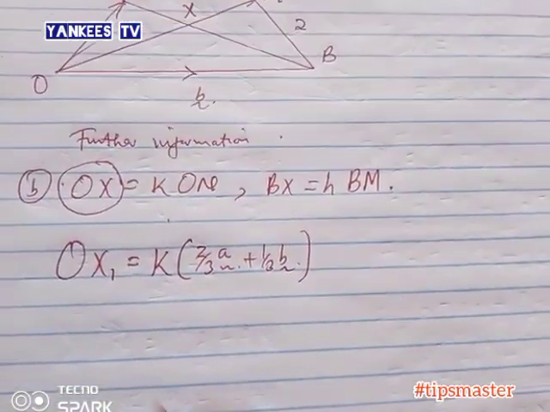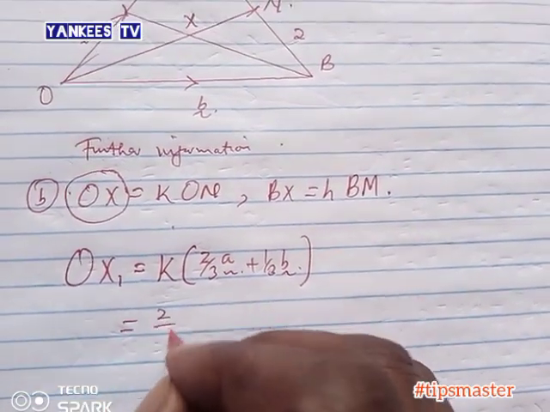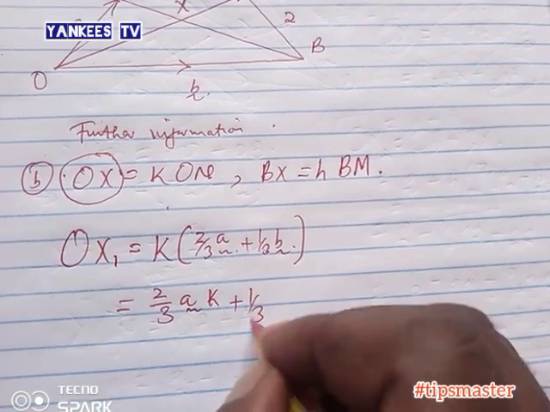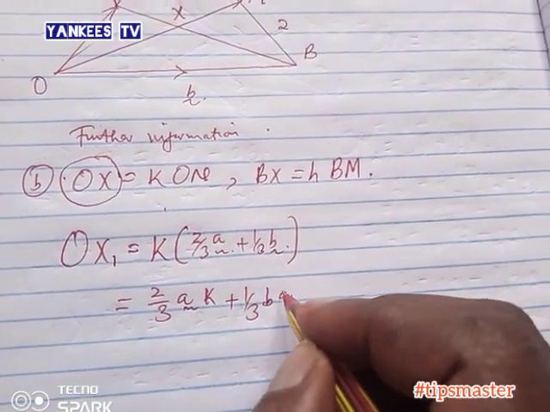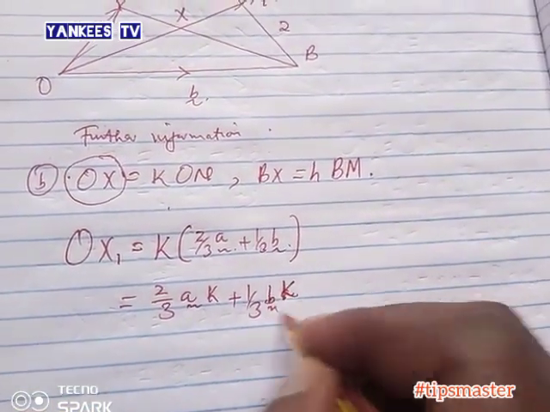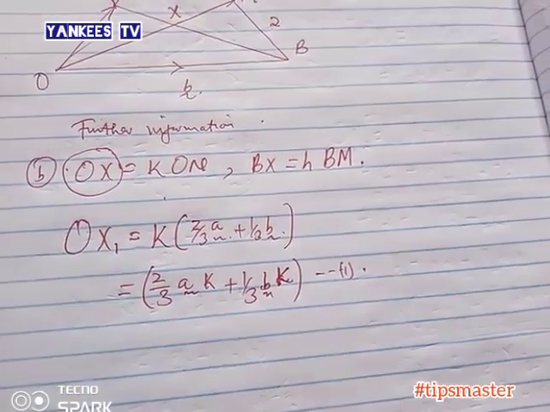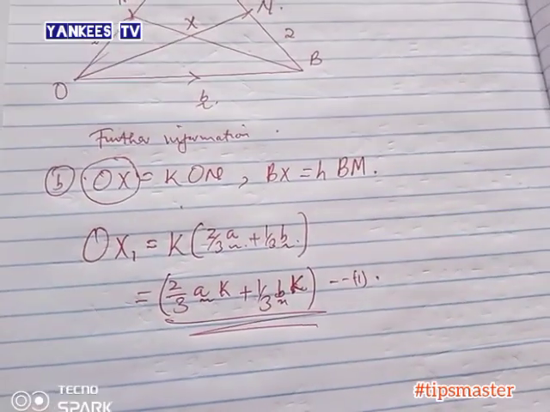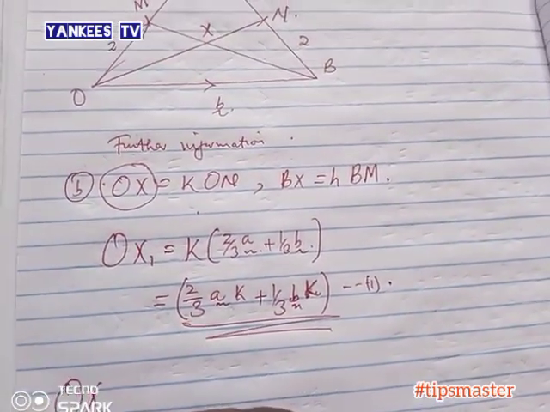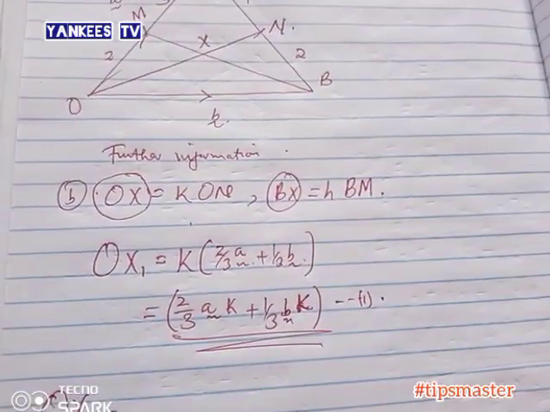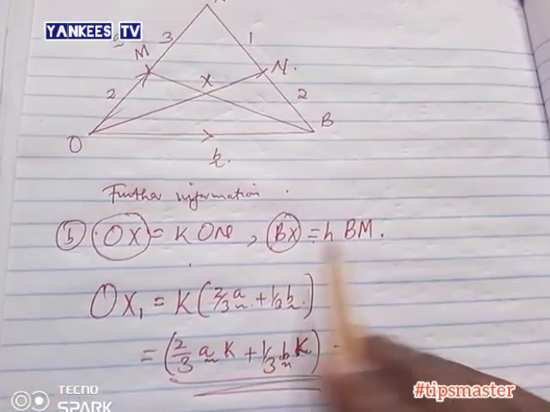So we just break the bracket. It shall be 2 over 3 A K plus a third B K. So this becomes our equation 1. That is expression 1. Now to get expression 2 of OX, we have to follow route B, or the second route, BX. So how do we go?